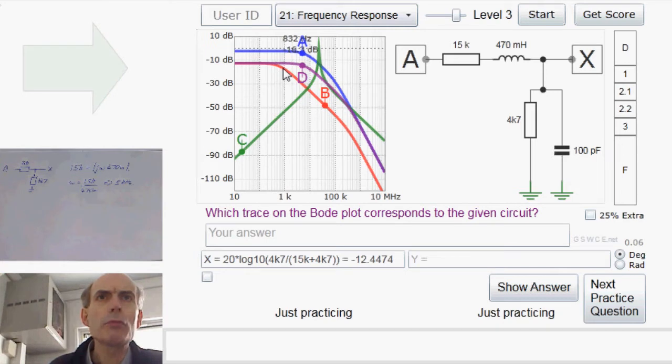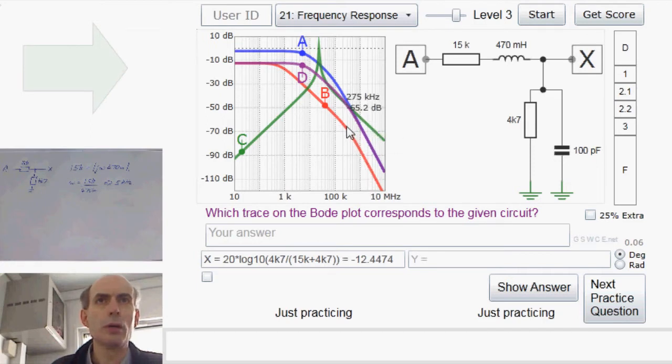B seems to have a pole around 600 hertz. That's way too low. And the other pole, you can see that B heads down at a gradient of 20 dBs per decade for this region, and then it tilts again at around here, and that is about 275 kilohertz, the point where it changes gradient again.